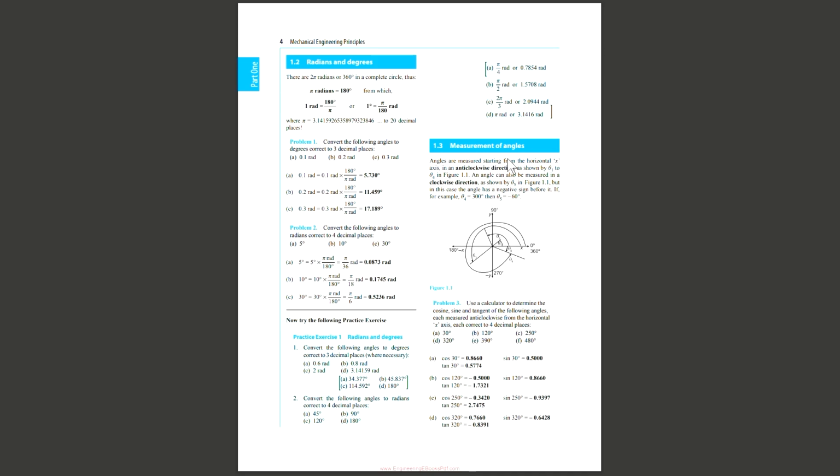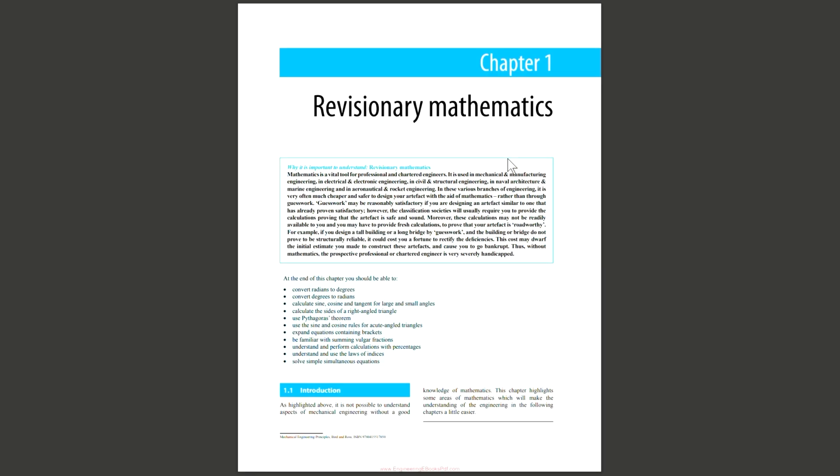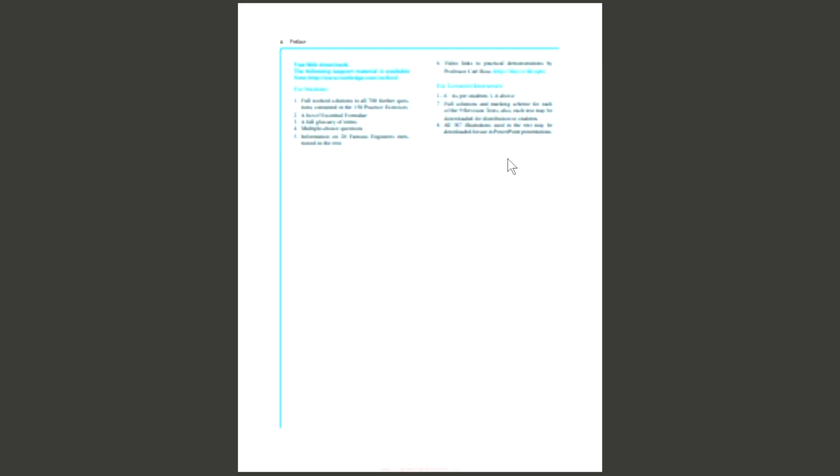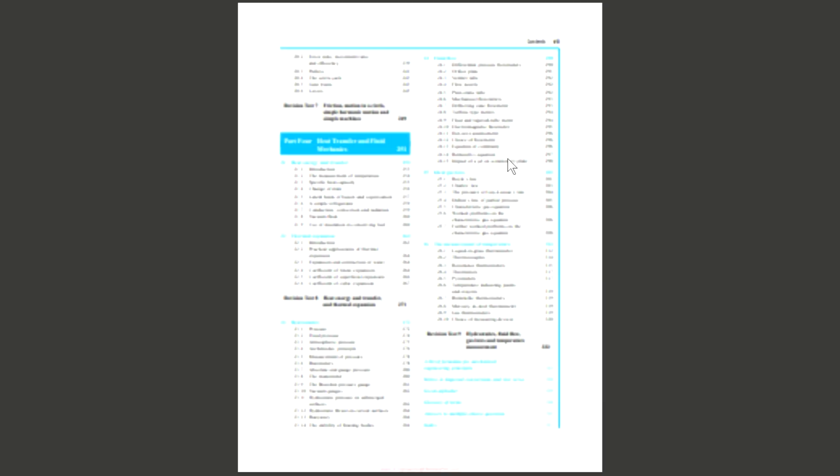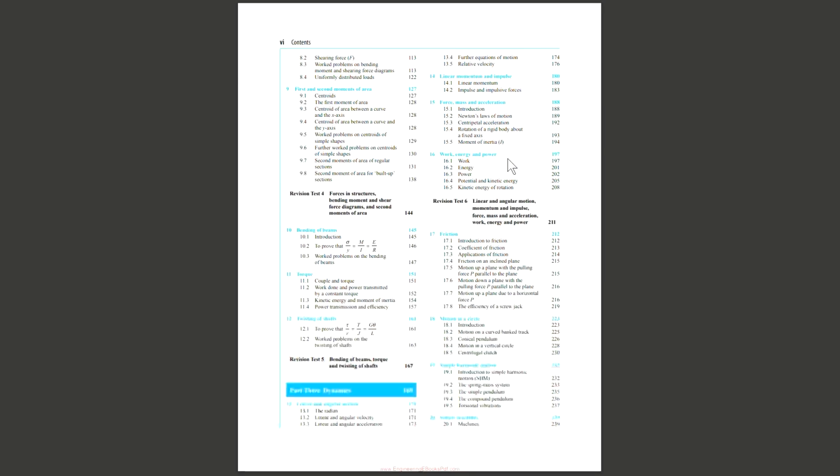Like I mentioned, we're in revisionary mathematics, as you can see here. This is just the primary stage that you would want to have and understand before you can go on to the big things that the textbook will be discussing.